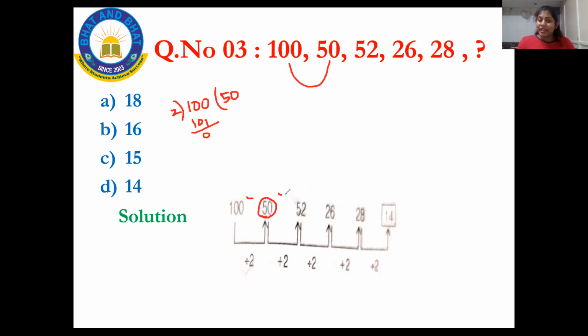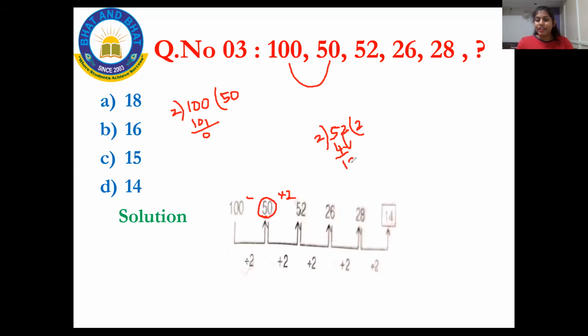I'll add 2, so 50 has become 52. Now 26. What is the 26 now? Take this 52, divided by 2. What is the answer you will get? 2 twos are 4. One remainder, and then 12.